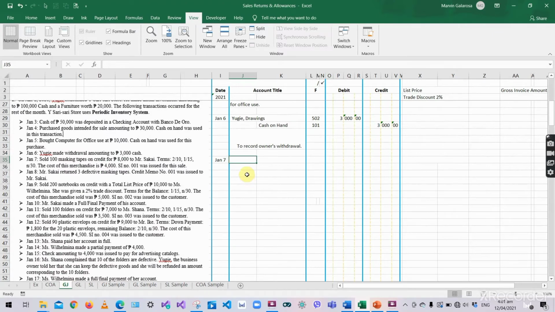For January 7, our entry would be, so mag-increase ang ating receivable from customer, debit accounts receivable, 8,000. Credit, sales, nakapagbenta tayo ng merchandise, so credit sales, 8,000.